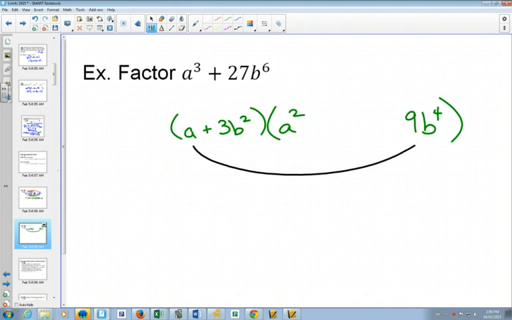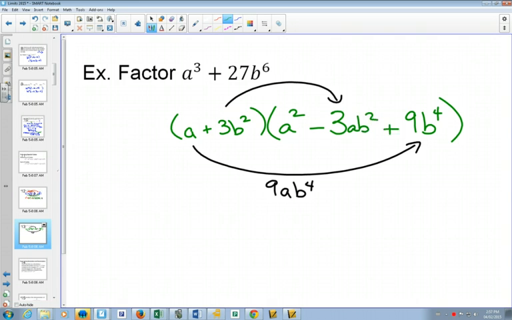And when I multiply the a by that 9b to the 4, I'll get 9ab to the 4. So what would I need to cancel that out? Well, I'd need a negative. I would need a 3, because that will give me a negative 9. I'll need an a, and I'll need a b squared.